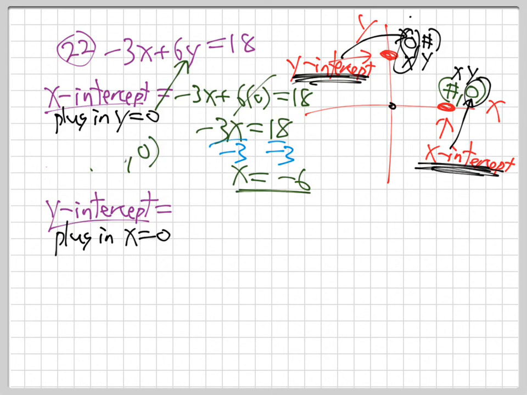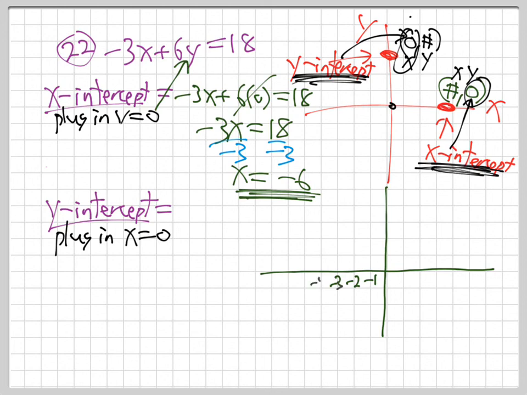Well, we'll just leave it x is -6. So if I make this graph now, it's going to be back 6, isn't it? Back 1, back 2, back 3, back 4, back 5, back 6. Right there is the x-intercept, back 6.